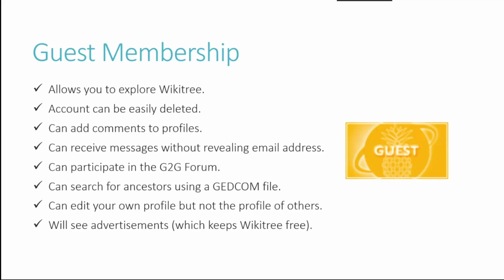You can participate in what is called the Genealogist to Genealogist Forum, or G2G as it's more commonly known. And that is a forum that is about Wikitree, but is about all types of genealogy. I'm particularly interested in DNA, and it's a great place for discussing various things that are happening in DNA. It's also a good place to look at research in different countries.